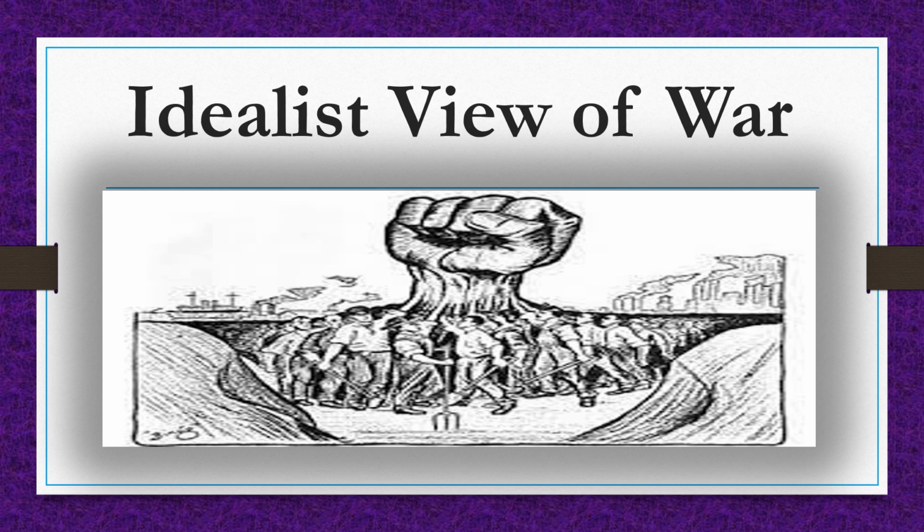Still other idealist thinkers looked at the arms race as the source of conflict. Consequently, they favored a systematic dismantling of the arms race and supported the policy of disarmament.